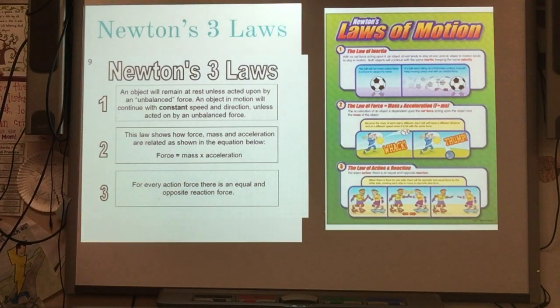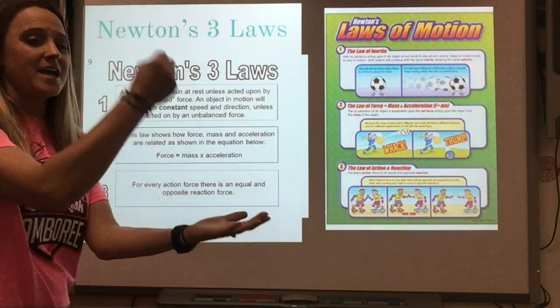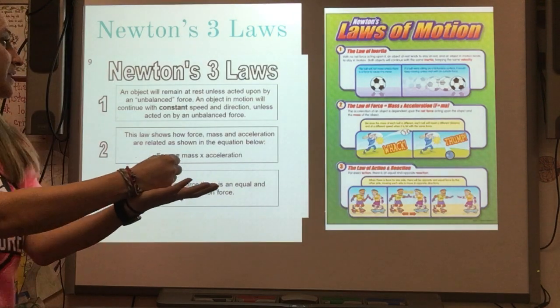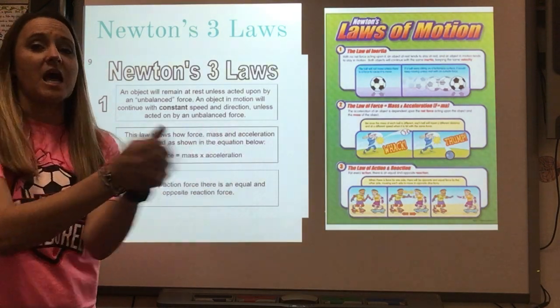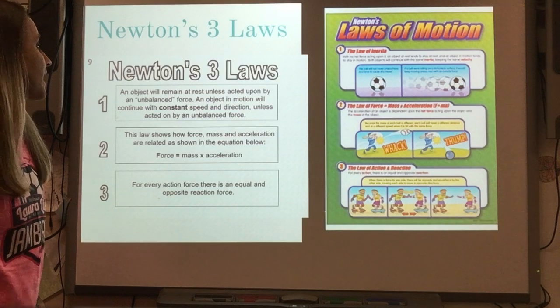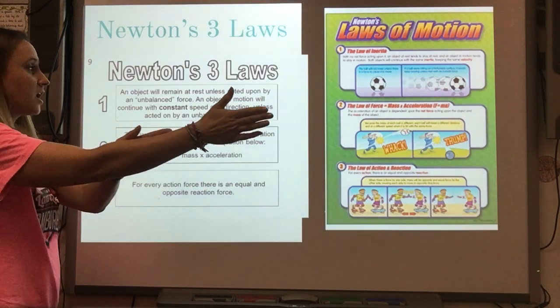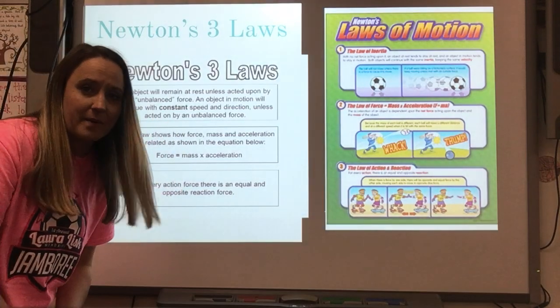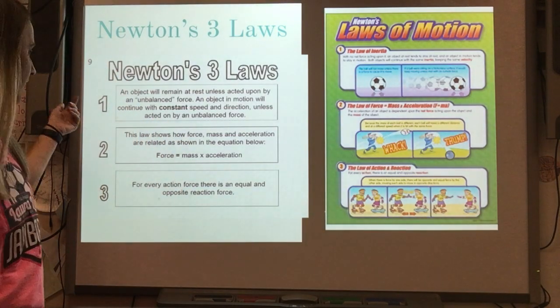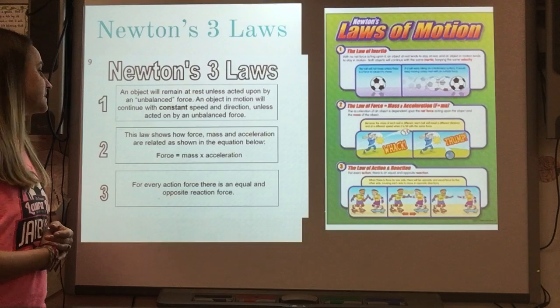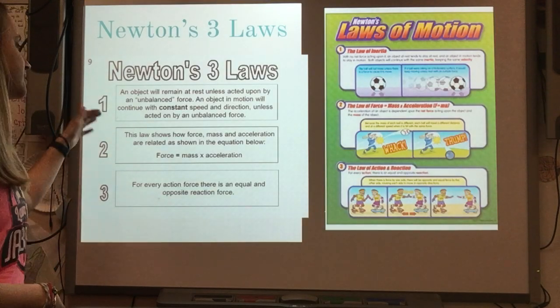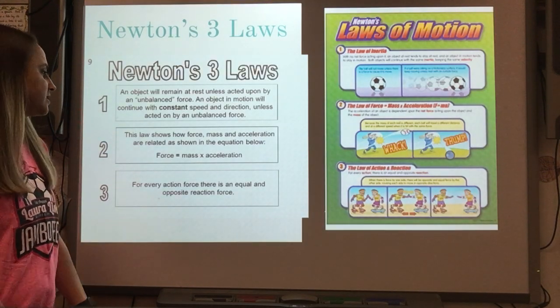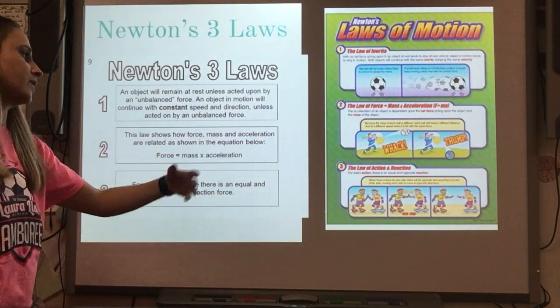So, Newton's three laws. The first law says an object will remain at rest unless acted on by an unbalanced force. An object in motion will continue with constant speed and direction unless acted on by an unbalanced force. Newton's second law shows how force, mass, and acceleration are related, as shown in the equation below.